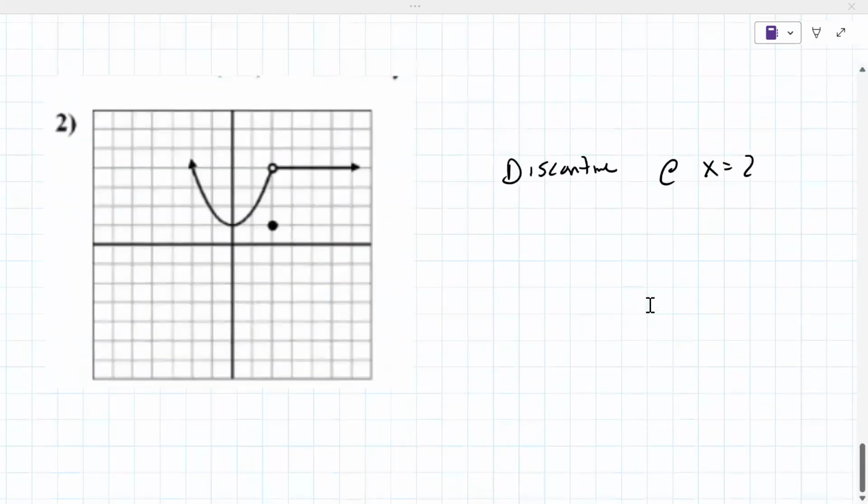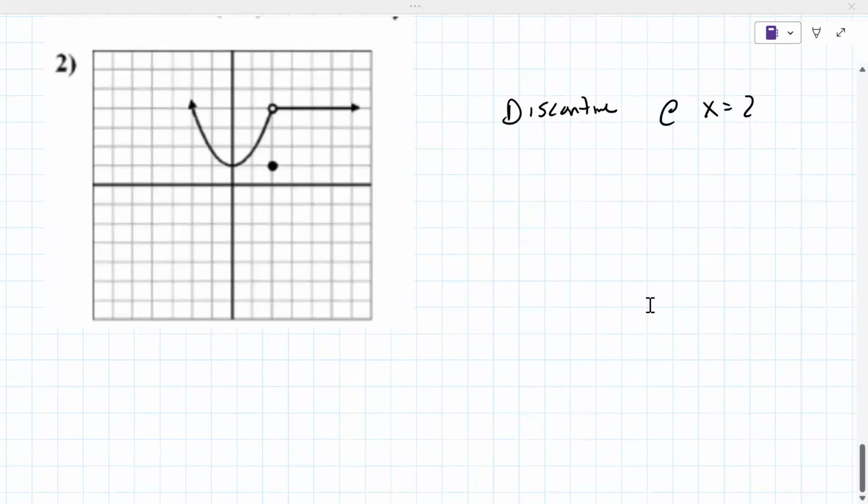I don't know if any of these fit that description of just a dot. This is the hole right here, the open circle. So it's the third one then. Yes, this one is a hole.